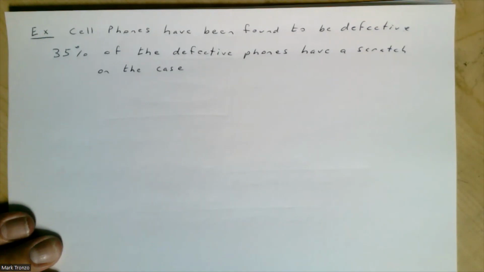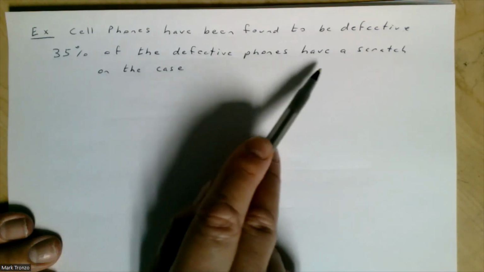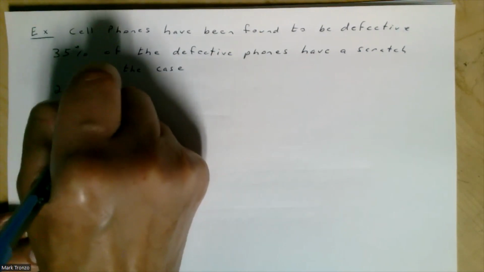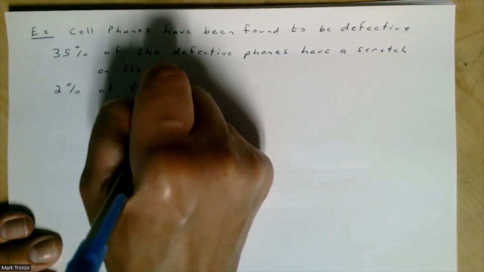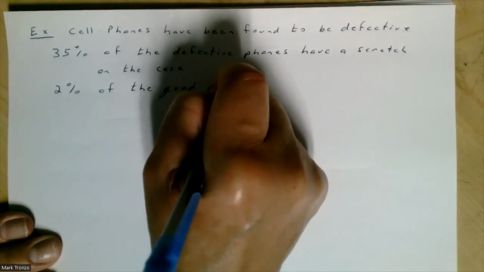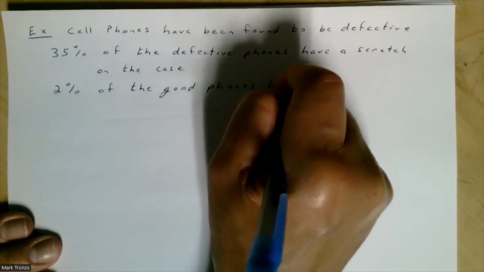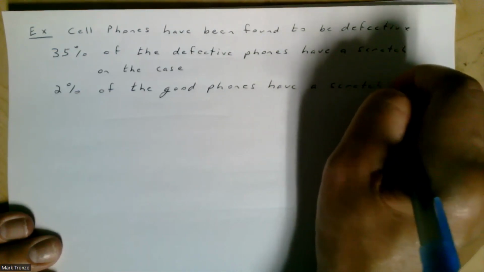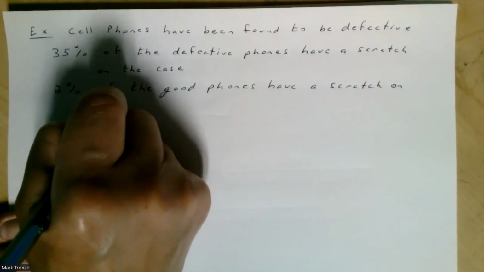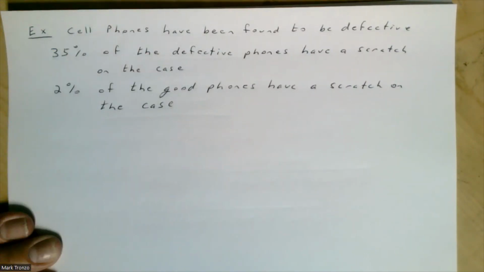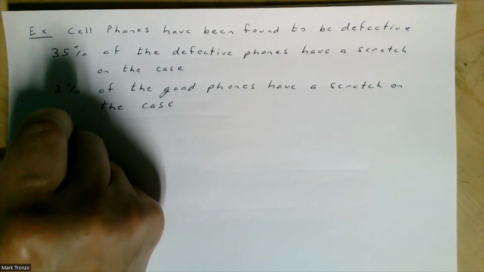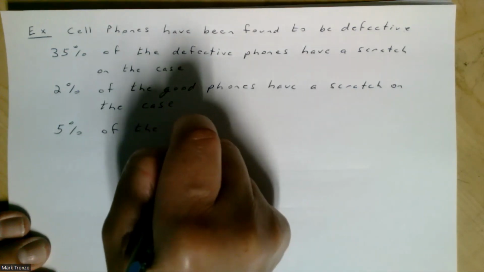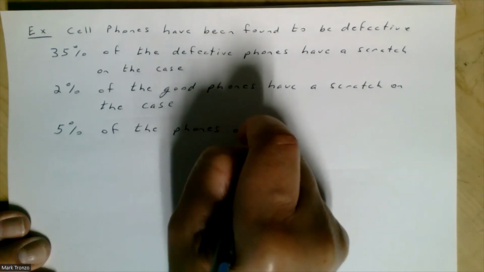So again, defective means the phone isn't working, and then 35% of defective phones have a scratch on the case. 2% of the good phones have a scratch on the case, and a total of 5% of the phones are defective.